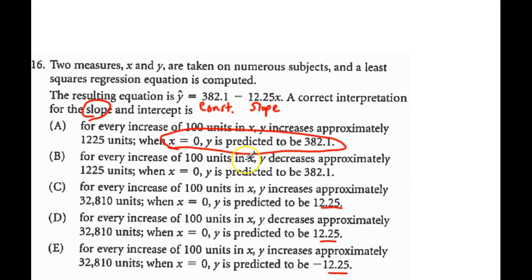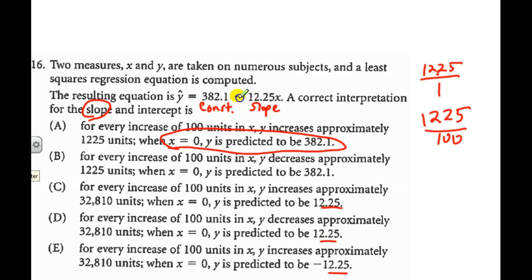That's true. For every increase in x, so this is 12.25 divided by 1, which is equivalent to 1,225 divided by 100. If you take the decimal point and move it, or multiply both top and bottom, numerator and denominator, by 100. So this is very tempting. A is a very tempting answer, but it's just one word that you have to read.